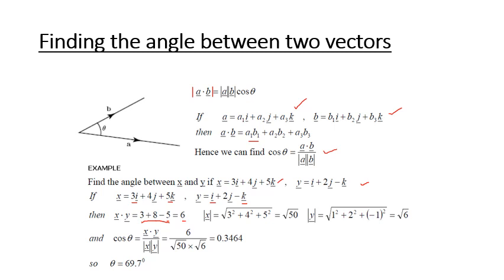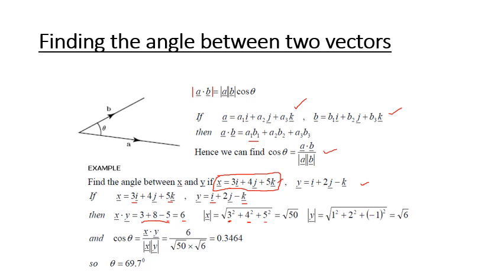Now you have to find the magnitudes to find the theta value. Modulus of x is equal to the square root of 3 squared, that is the x component, plus 4 squared, the y component, plus 5 squared.